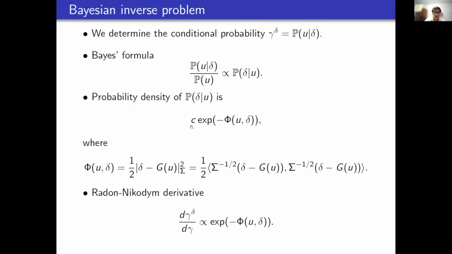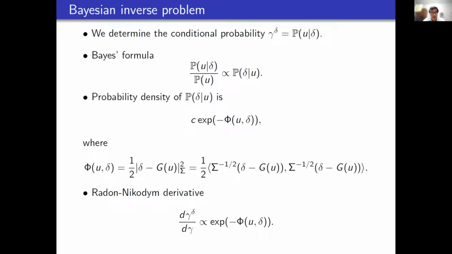So that is the normalizing constant times e raised to the power minus Phi(u, delta), and this Phi(u, delta) is the well-known mismatch function, which is defined here. That is the sigma-norm in R^n of the difference between the forward map G(u) and what we see, that is this delta, so the sigma-norm in R^n squared, and that's 1/2 here.